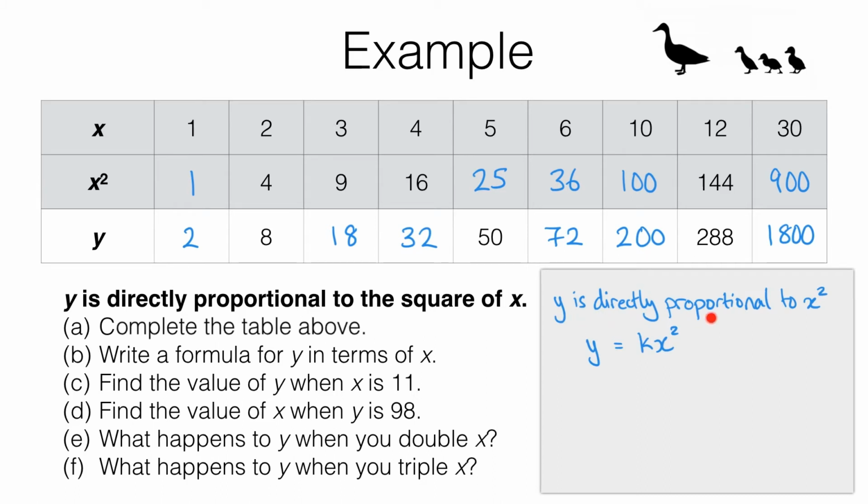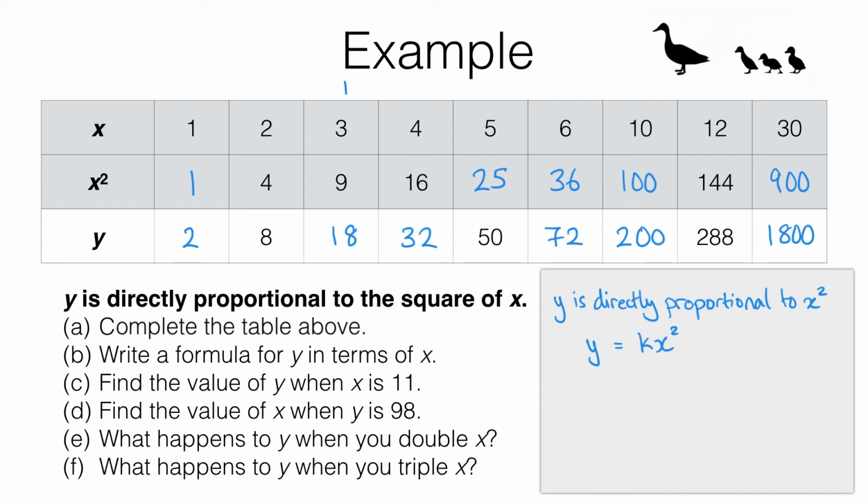If y is directly proportional to x squared, you can always write a formula linking x and y in this form. Now, we need to find out exactly what k is. To do this, we need to substitute in a value for x and a corresponding value for y and solve that equation.